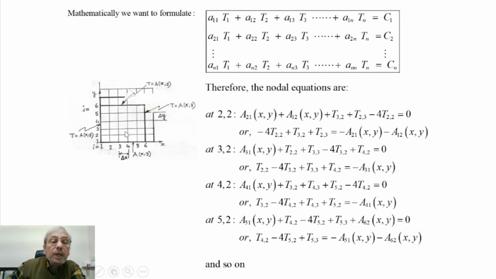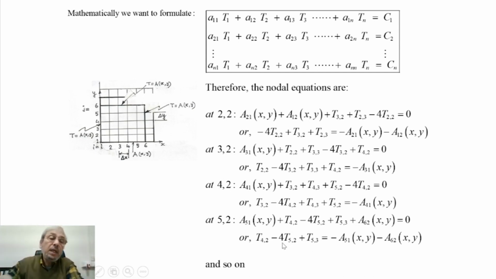Otherwise, A42 and A53 are added, and then minus 4 times T52. Again, we move the known terms to the right hand side, and keep the unknown terms on the left hand side.